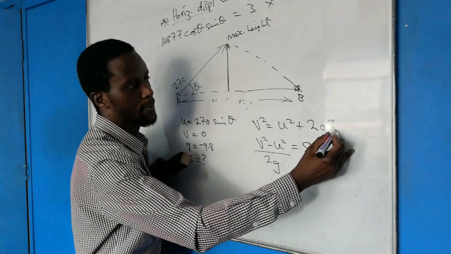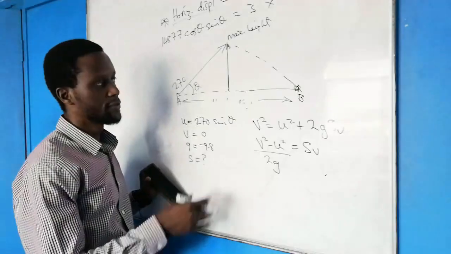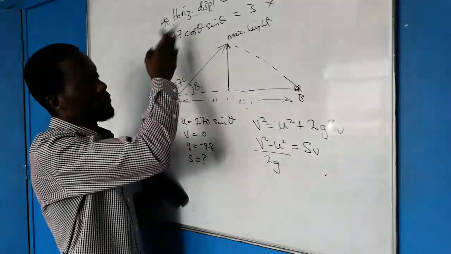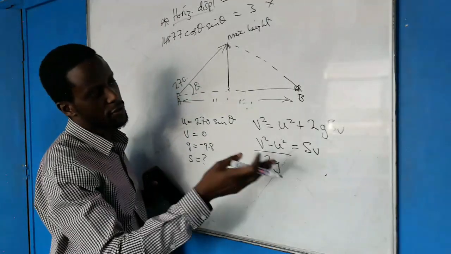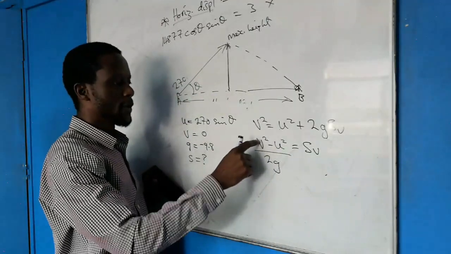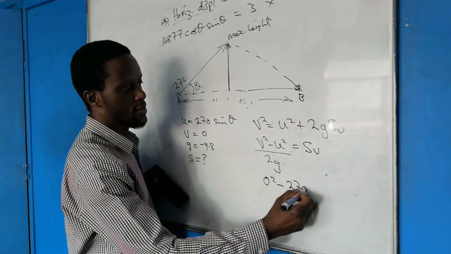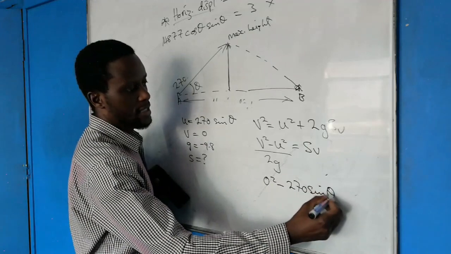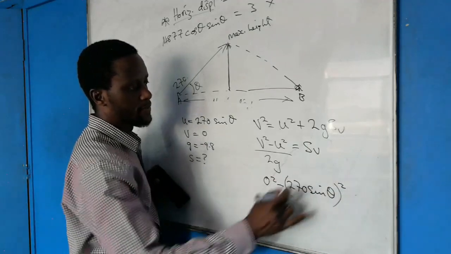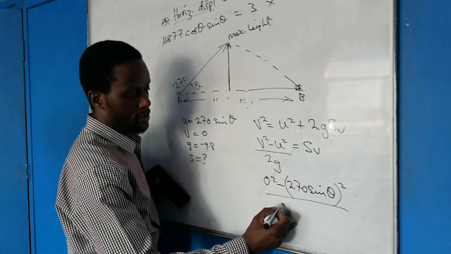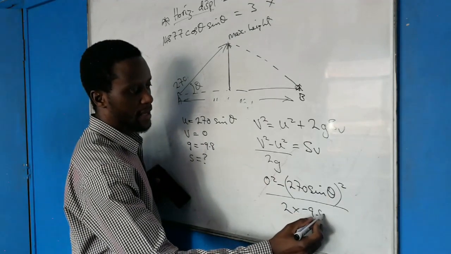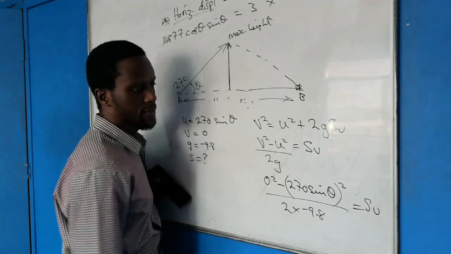I'm putting the V just for differentiating the horizontal S from the vertical S. So going upwards, this is 0 squared minus initial velocity 270 sine theta, squared, over 2 times negative 9.8, is equal to your SV.